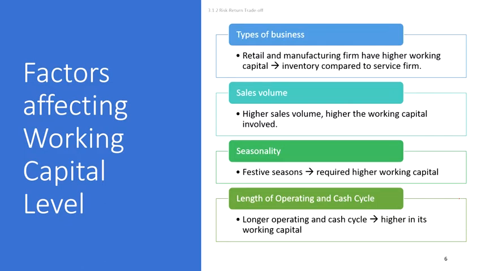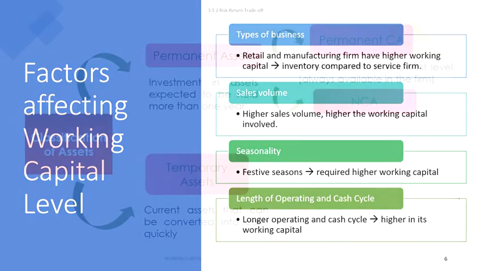Tu cash cycle. Dia akan convert from cash to cash. So bila operating cycle tu longer, working capital dia akan jadi higher lah sebab dia ada banyak current asset. Okay, so these are the factors that will be affecting the working capital level.